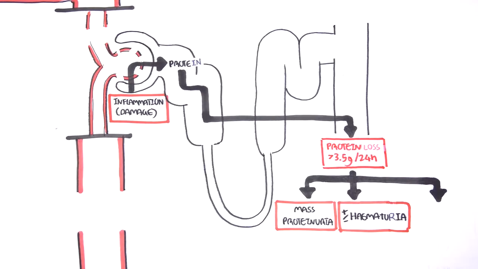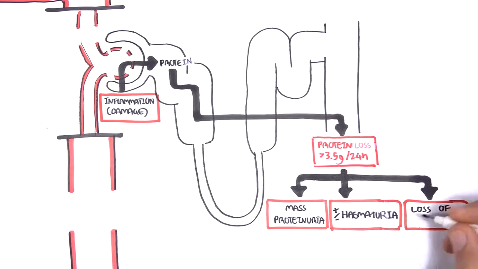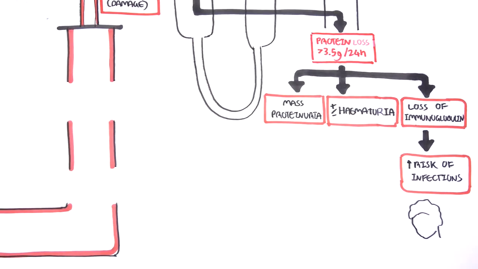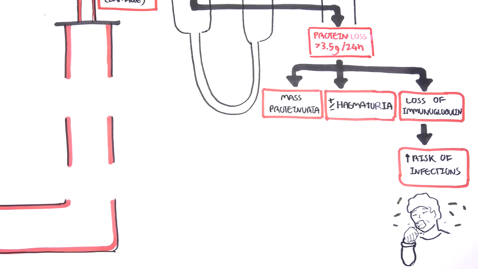And this hematuria will essentially depend on how much damage occurs to the glomerulus. The protein loss can also be antibodies that is lost, because antibodies are proteins as well. So if there is loss of antibodies, the person doesn't have their normal antibody defense mechanism, and so this means that they are at increased risk of infection.